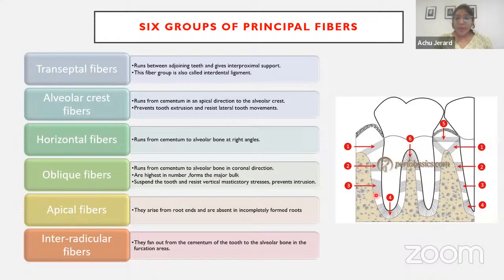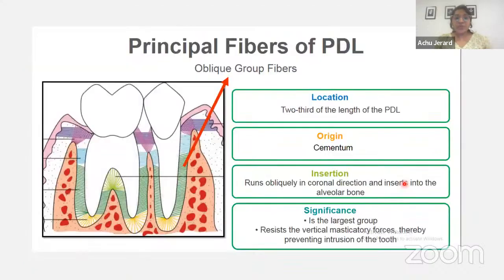And then you have the apical fibers and interradicular fibers. Apical fibers are the ones at the apex of the roots, so in a tooth with no apex formed properly, these apical fibers will be absent. Interradicular fibers are in the furcation area, where they fan out. So these are the 6 groups of fibers.